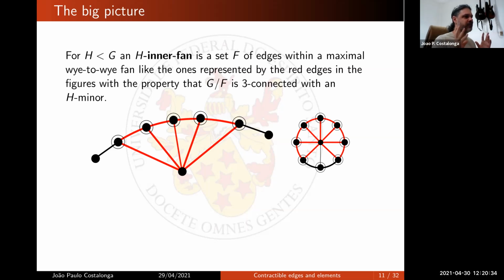So we are no longer thinking of contracting edges in order to preserve three connectivity and the minor, but also contract this entire structure.